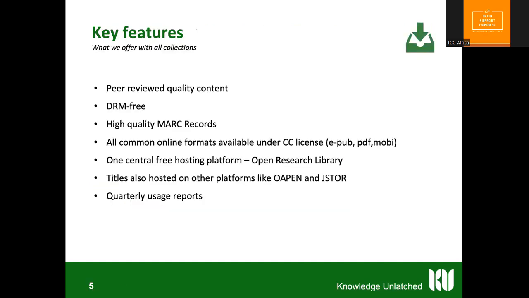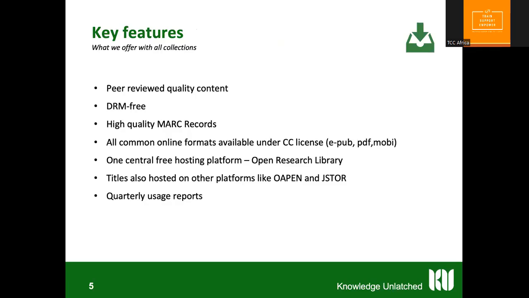For all this content made open access via Knowledge Unlatched, we offer some key features. We make sure it is peer-reviewed, quality content that's completely free to download and use. We offer libraries MARC records to integrate this content into your library system. They're all under a CC license.